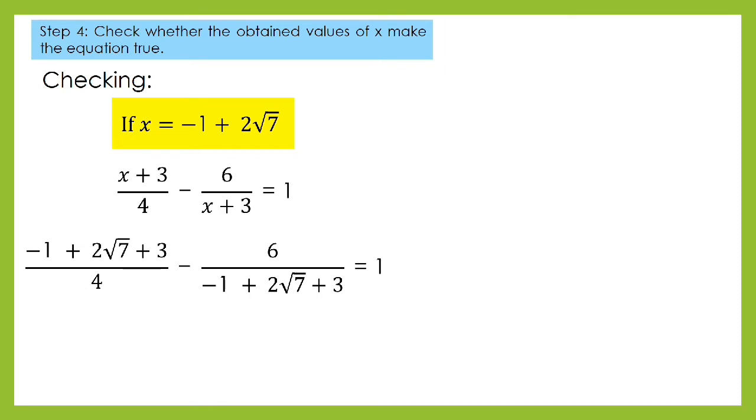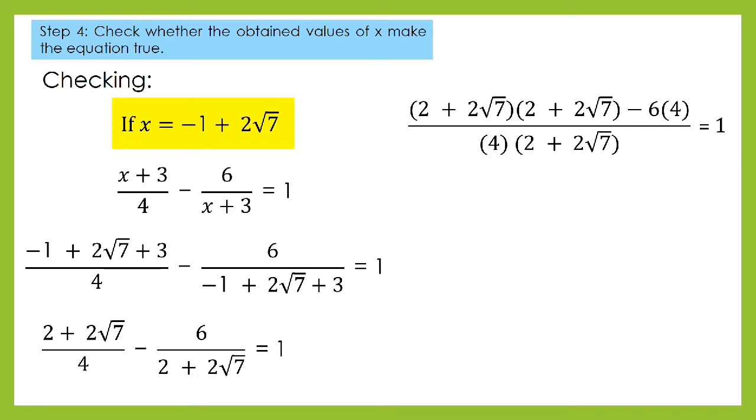We now simplify. Negative 1 plus 3 is positive 2 plus 2 square root of 7 all over 4 minus 6 over negative 1 plus 3 is positive 2 plus 2 square root of 7 equals 1. Ayan. Paano nangyari yung susunod na equation natin?